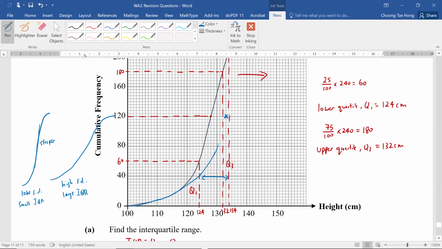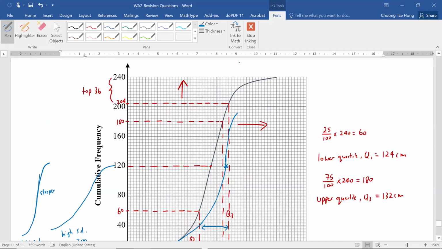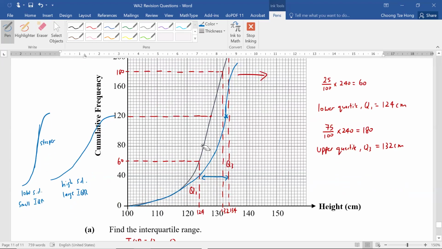So it's going to be like that, like this. So steeper, right? Maybe let me redraw this part.